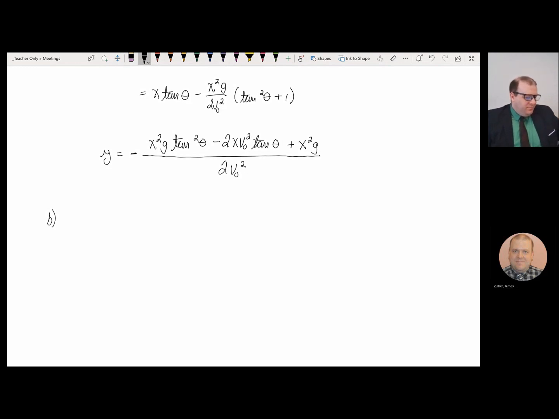Well, maximum horizontal distance covered would be the time that the projectile launches to when it hits the ground, right? So we need to first find how long it stays airborne.